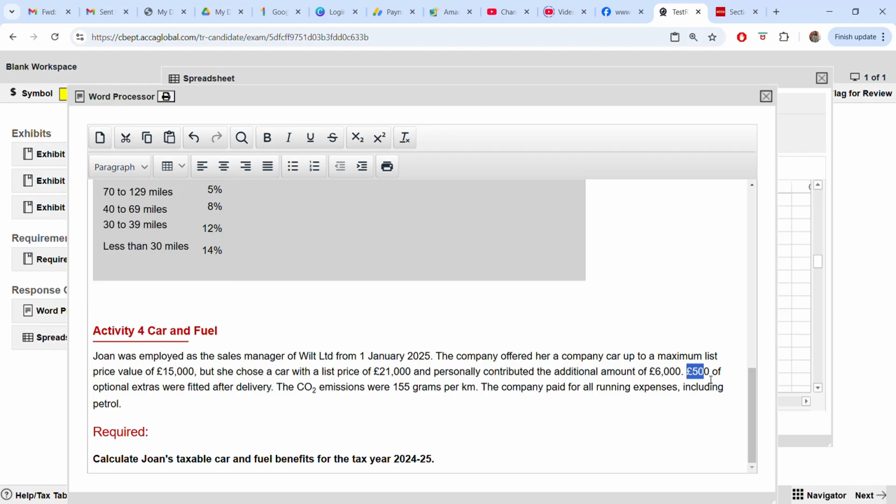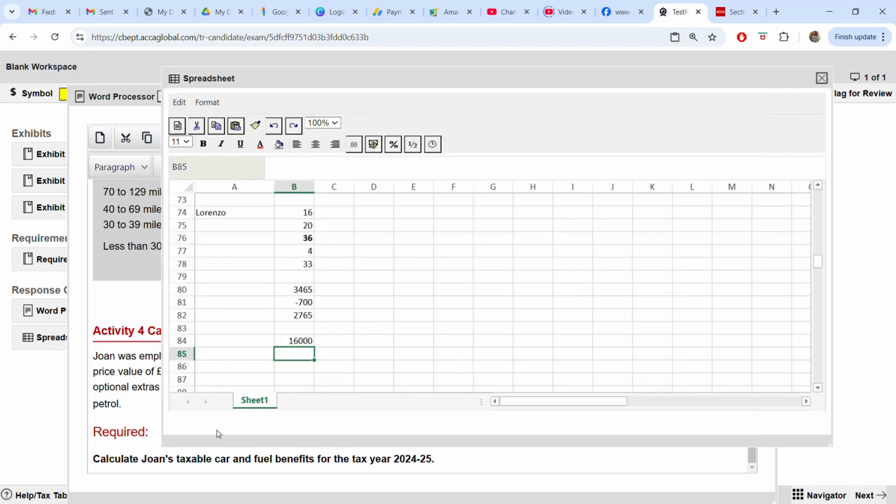So it's 500. You have to add 500 because it's more than 100. So it is 16,500.